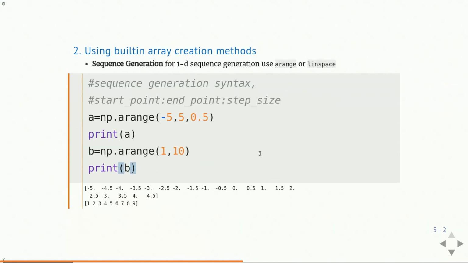Print b. So here it is. np.arange -5 to 5 with a step size of 0.5 will create a sequence excluding the endpoint 5, and similarly np.arange with arguments 1, 10 will create a sequence from 1 to 9 with a step size of 1.